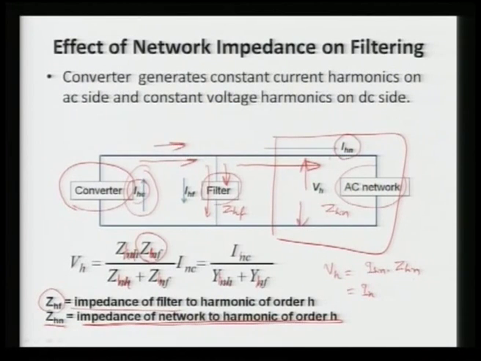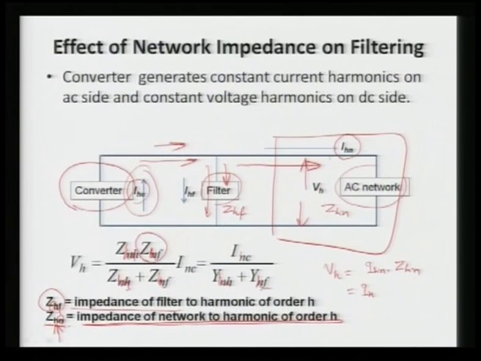H means a particular harmonic order, F for filter, N for network. So, HF means for the filter and Hth harmonic. Similarly, the network here is for that harmonic.